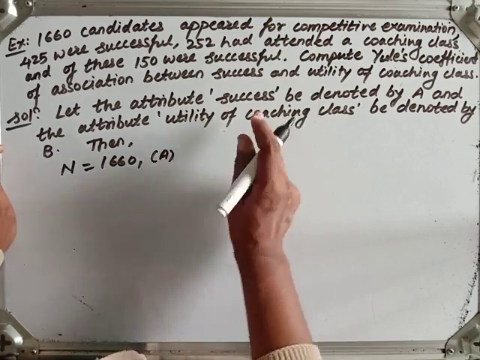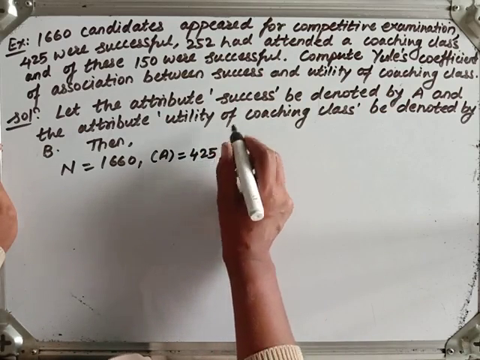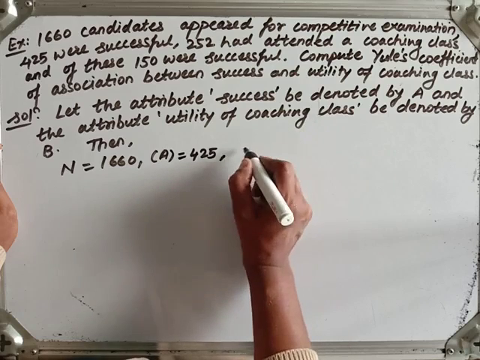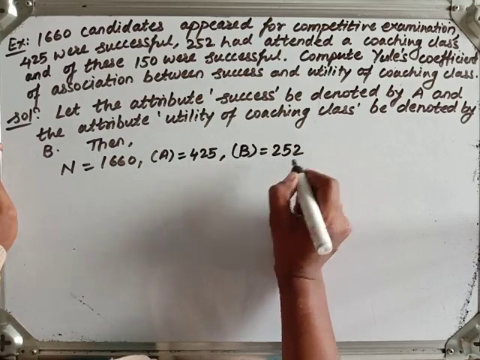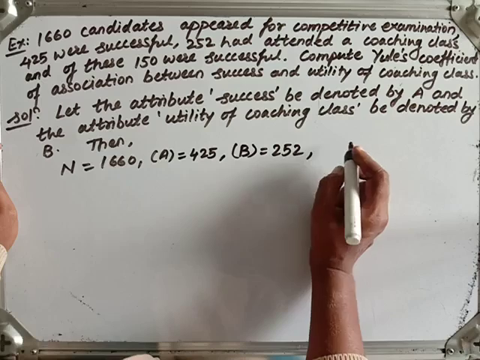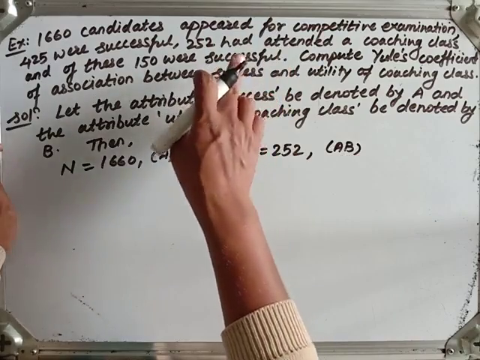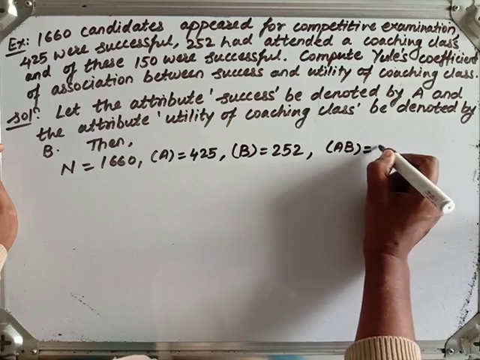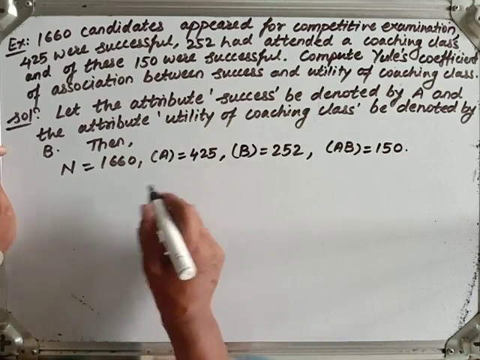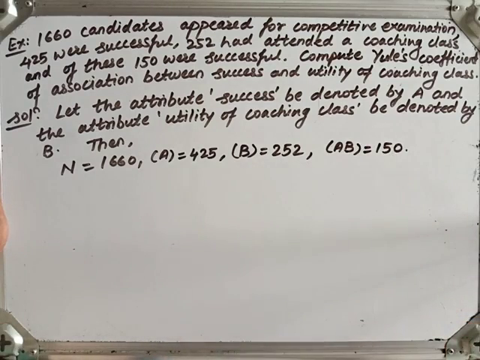Frequency of A means successful candidates, that is 425. Now utility of coaching class, that will be B, frequency of B. So 252 had attended the coaching class, so that is the frequency of B. And 150 were successful using coaching, so it is the combination of them. So frequency of AB is 150. Once we get these values, these are the basic ones, from which we can easily determine the other missing frequencies to determine Q.